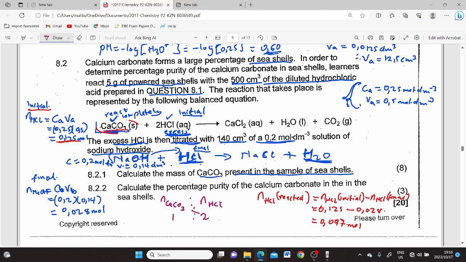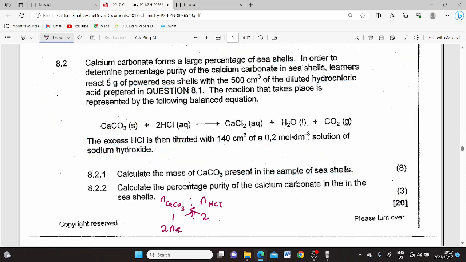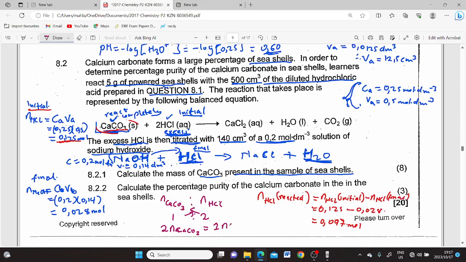When you cross multiply, we have 2 times the number of moles of calcium carbonate equals 1 times the number of moles of HCl.